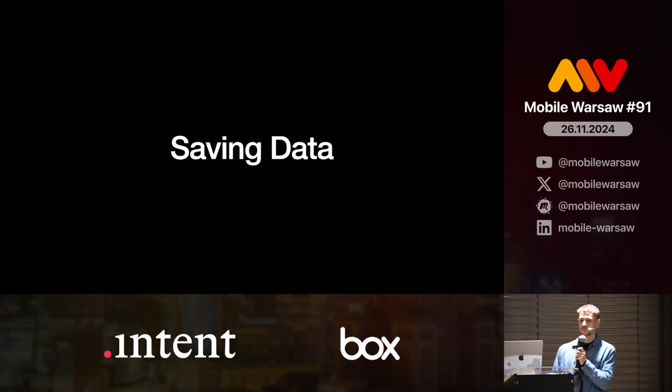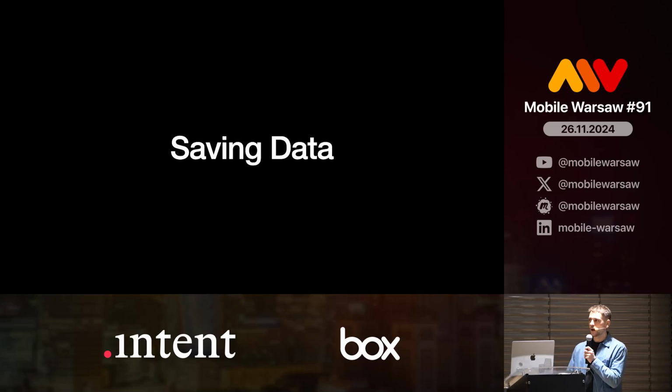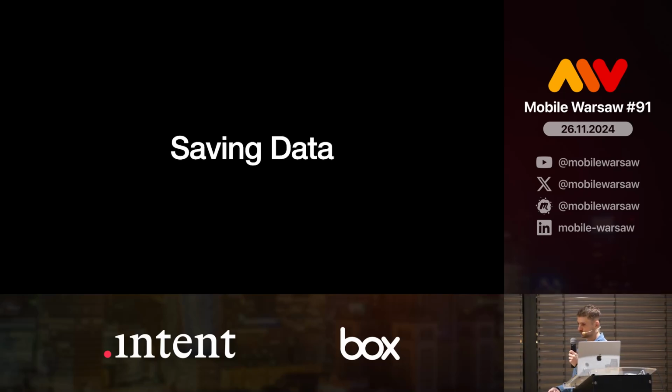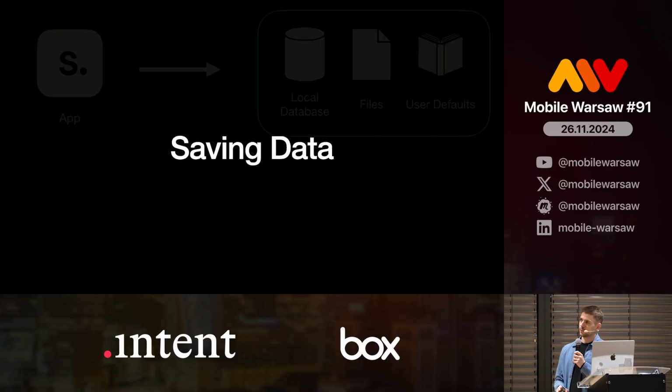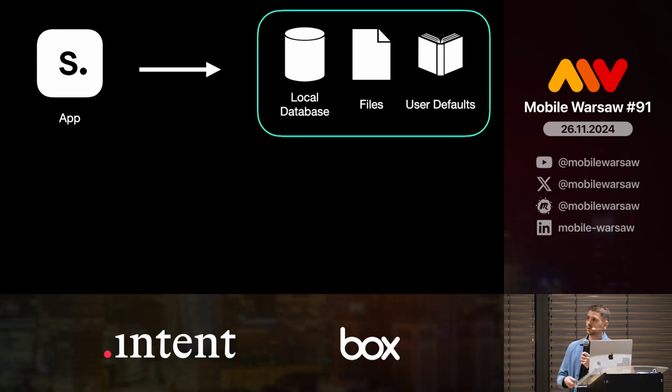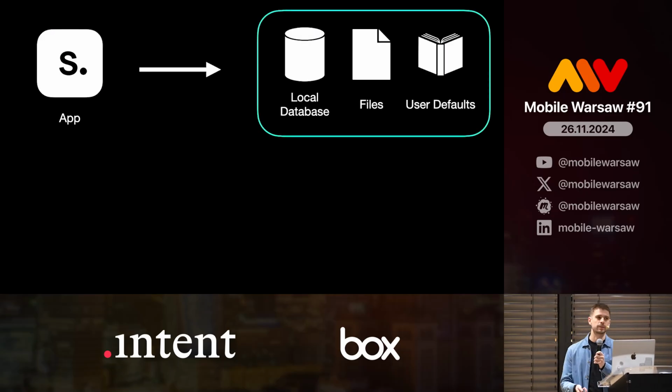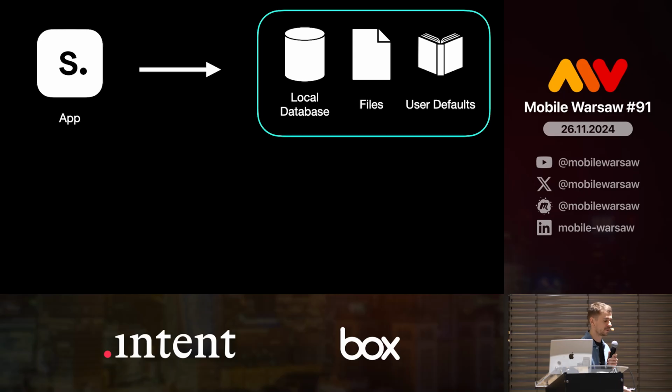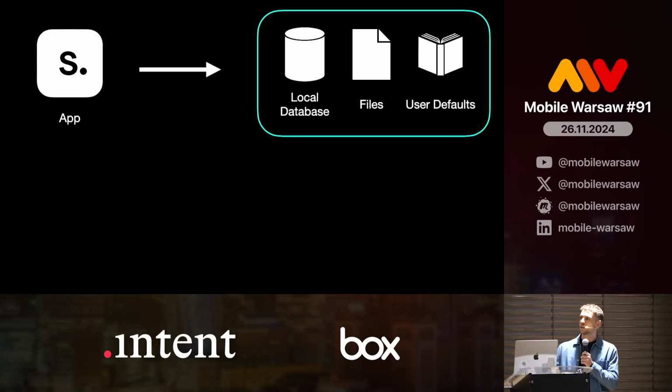Because now we start with the tricky part. So how do we save our data? When you have your app, this app has disk space and memory space that it uses to save some information, access user defaults or files. But now we have a share extension.